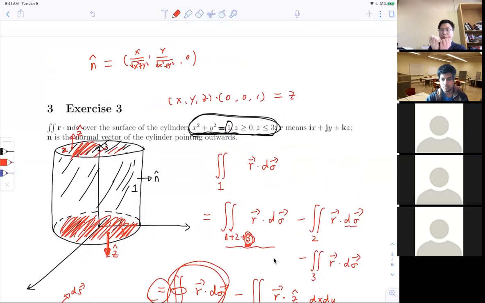Yeah, it's pointing in the radial direction, right? In polar coordinates it's an r hat. So the third component is 0, and this vector in two dimensions is just the r hat. Okay, thank you. Yeah, sure.